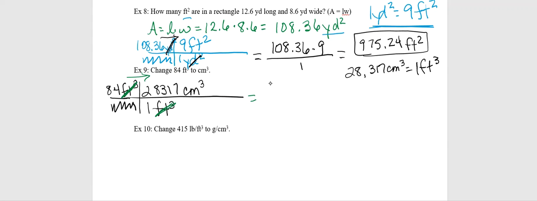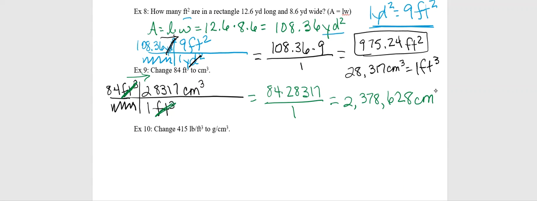Top times top, so 84 times 28,317 over my 1 is 2,378,628 cubic centimeters. Lots of a very small unit.